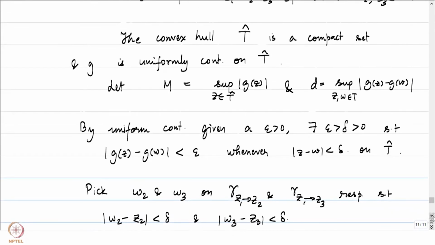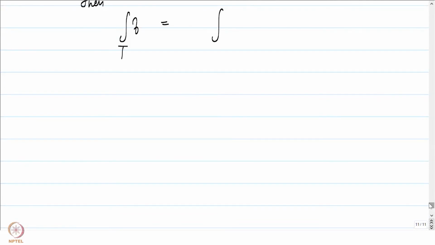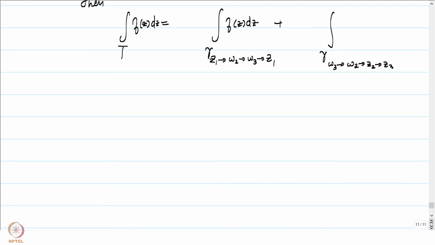So, writing it down, we have the integral of f over T is the integral of f over the following paths: Z1, W2, W3, Z1, this triangle, of f of z dz, plus the integral over gamma W3 to W2 to Z2 to Z3 to W3, the polygonal path, of f of z dz.